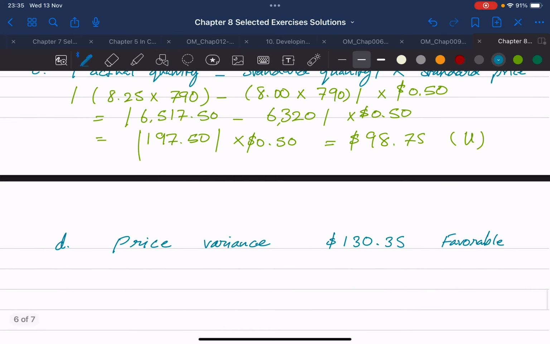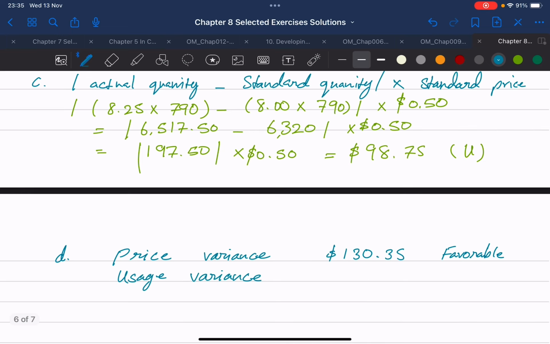Okay. And then the usage variance, which was what we have done in part C, right here, $98.75, unfavorable.